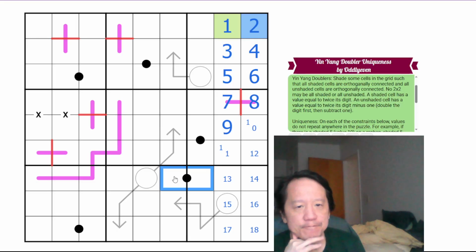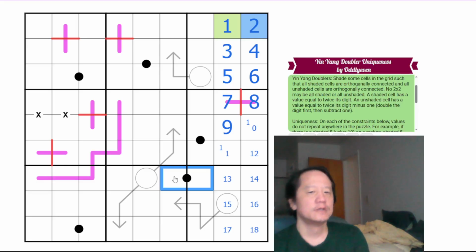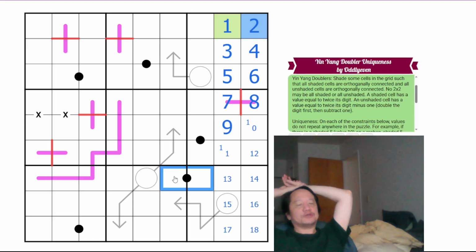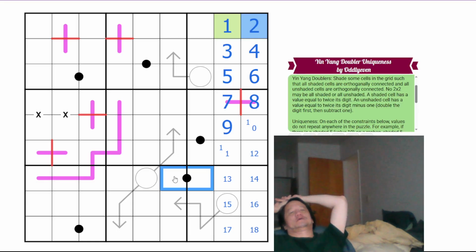Okay. Arrows. What's the minimum for 2 digits? It's 1 and 3, right? But that would add up to, well, you could have 2 doubled.